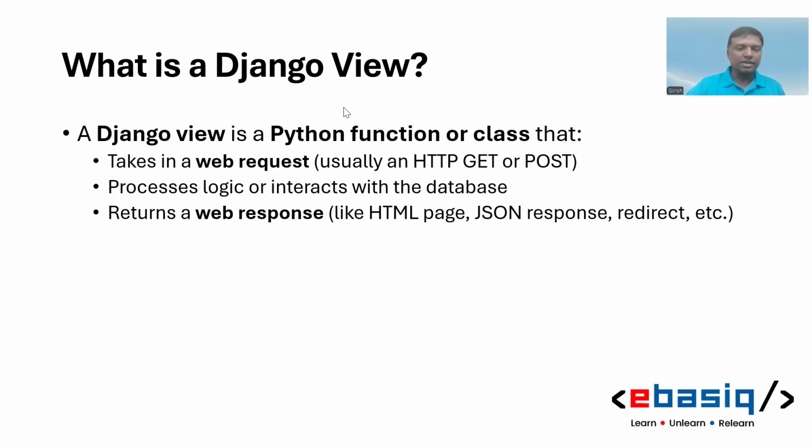Okay, and it returns a web response like HTML page or JSON response or a redirect or any error kind of thing. Okay, so it's simply, the Django View is simply a function or a class.